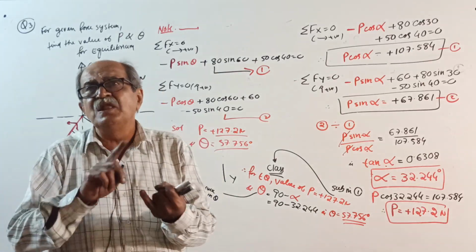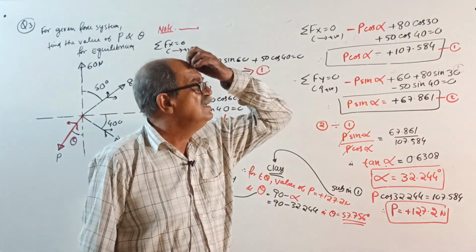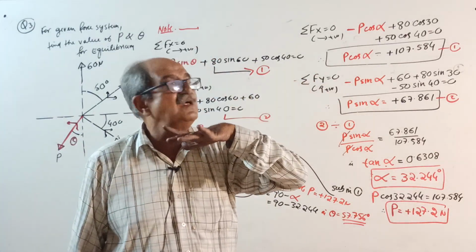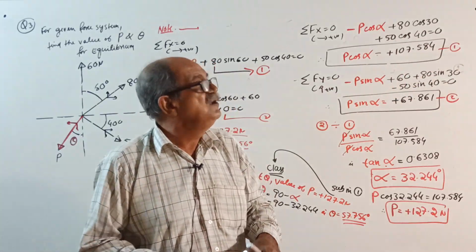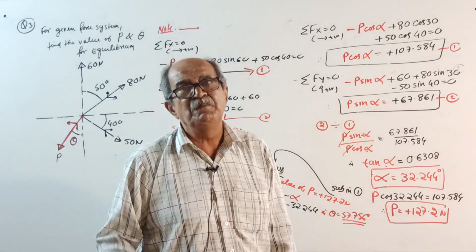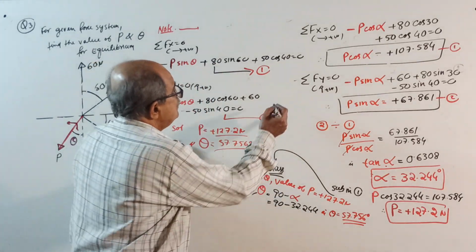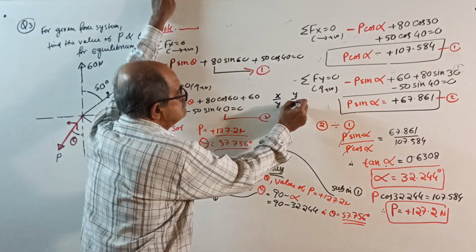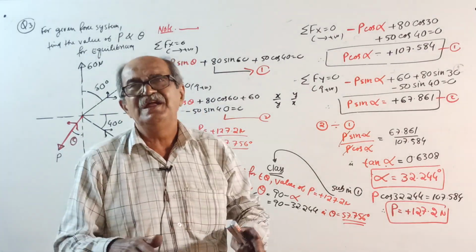But I will never write in the notes or tell you in the class any day that last time there was a mistake, I took that as cos, it should be sine, or I forgot to take the square, or I used plus sign instead of minus. These mistakes will never happen in my class. That is called a technical mistake. Or that I told you last time you should divide x by y, oh, it is wrong actually, you should divide y by x. Once if I tell it that way, my reputation is gone. Nothing to worry. It will never happen.